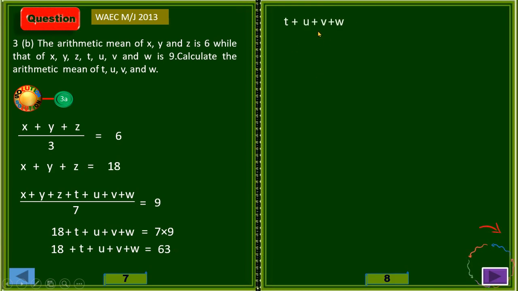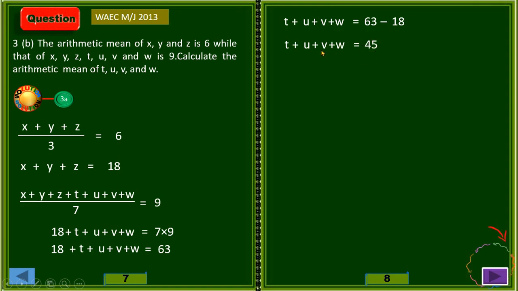So now we are going to find these 4 numbers together. That will give us 63 minus 18. So now if you have 4 numbers and their sum is 45, because when we subtract this we have 45. These 4 numbers, when we add them together, the arithmetic sum is 45.